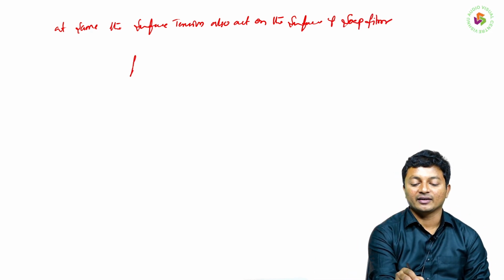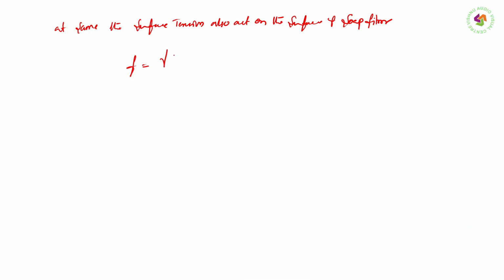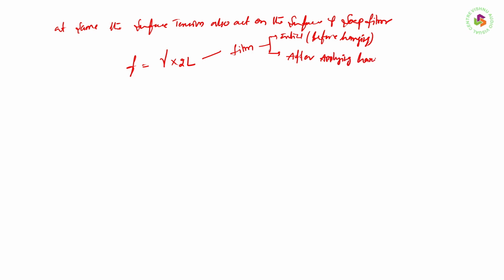That can be written as F is equal to gamma into 2L, since the film now has two lengths, the initial length, that is before applying the hanging force, and then after applying the hanging force.